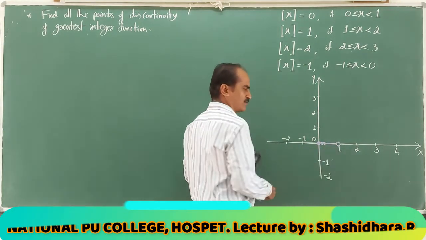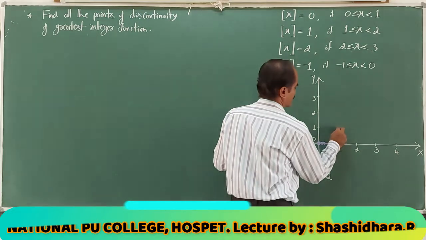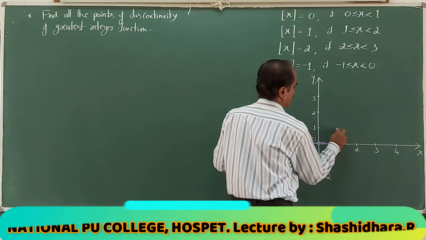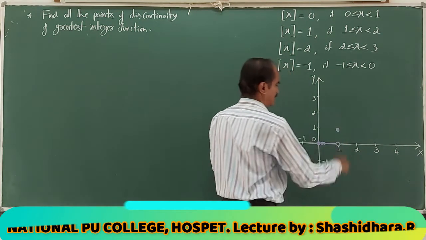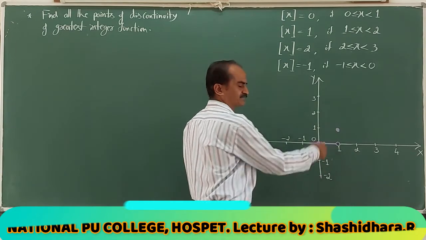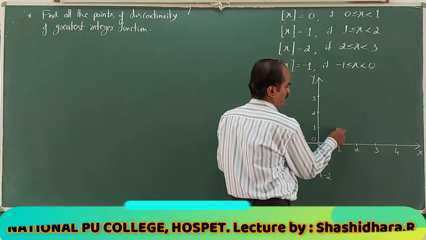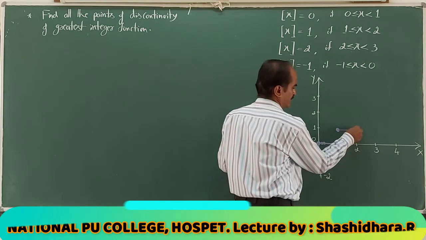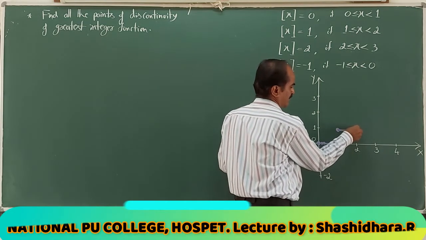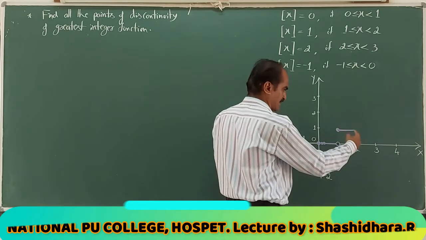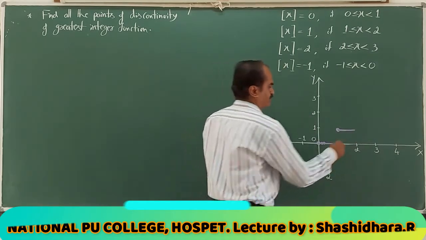But when x equals 1, it becomes 1. Here I darken this circle, indicating when x equals 1, the function value is 1. And this value of the function will be 1 whenever the values of x are greater than or equal to 1, strictly less than 2.